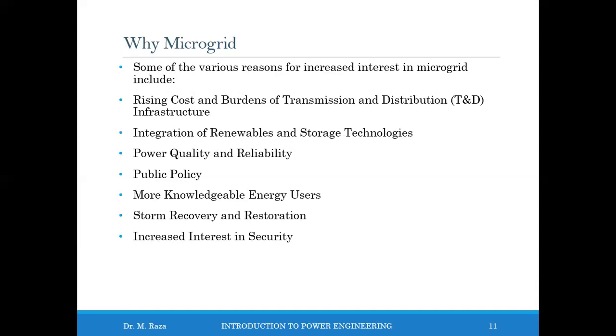Many are interested in combined heat and power as well as reliability enhancement. Storm recovery and restoration is another issue solved by the microgrid. Hurricane Sandy and other superstorms of the last decade have highlighted in painful and expensive way the need to protect consumers from the devastation caused by such natural disaster.